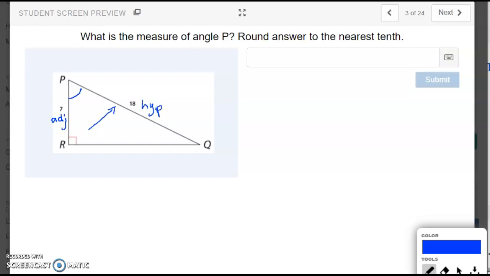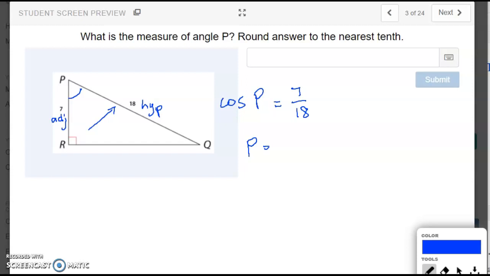So which is the trig function that we need that deals with adjacent and hypotenuse? That's cosine. Cosine of, we don't know what the angle is, so we're going to write P. Cosine of P is going to be equal to adjacent over hypotenuse, which is 7 over 18. All right, so then we do our inverse to figure out what P is.